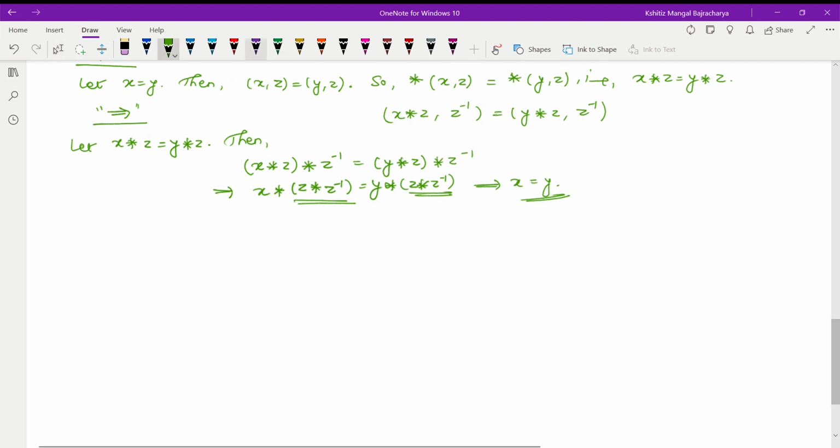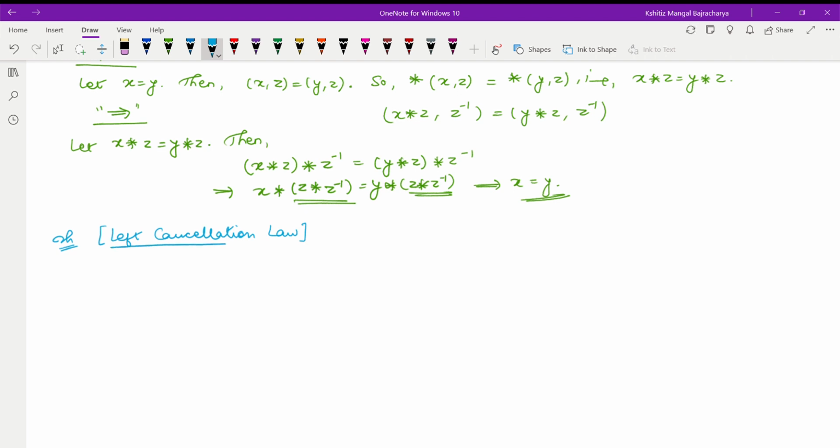The other one is the left cancellation law. The left cancellation law states that if x, y, z are in G, with G star being a group, then z star x equal to z star y will hold if and only if x is equal to y.